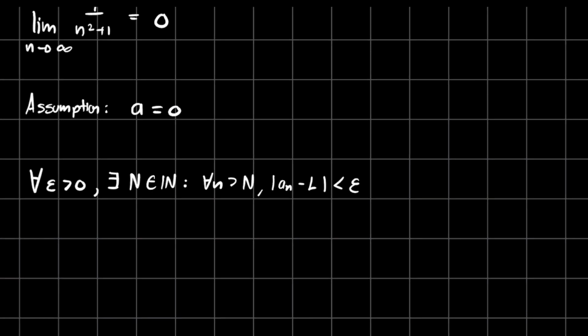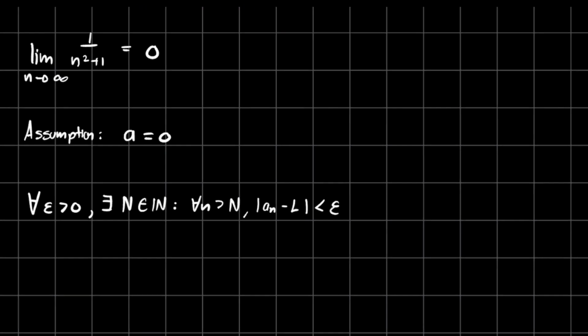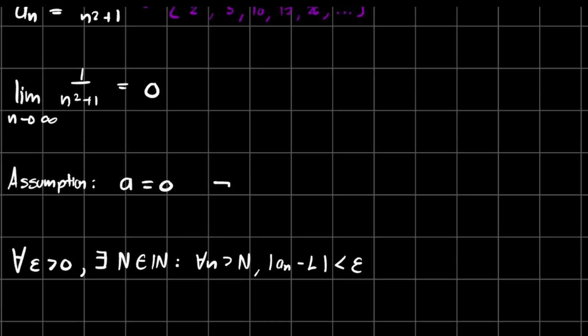In this case, we already know what A is, but we want to find whether this is satisfied. So where does A come into play?